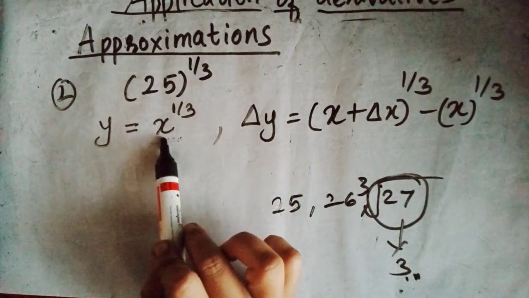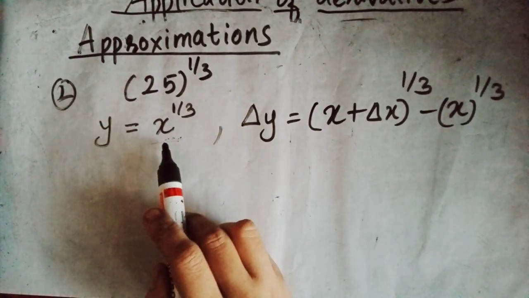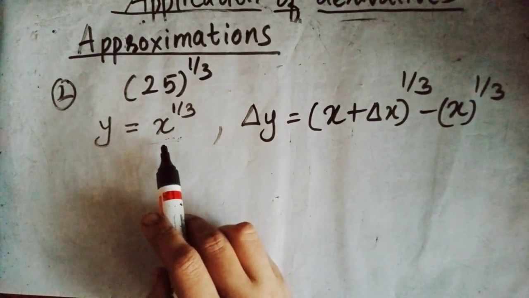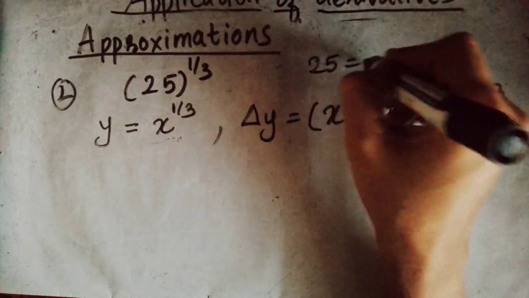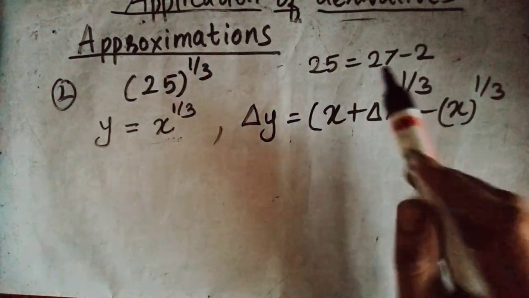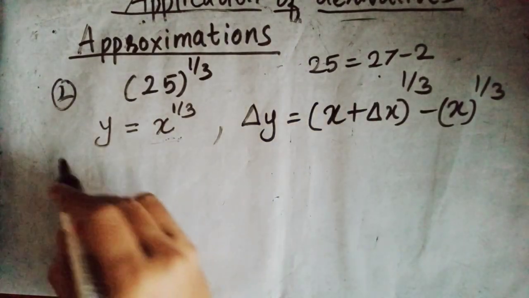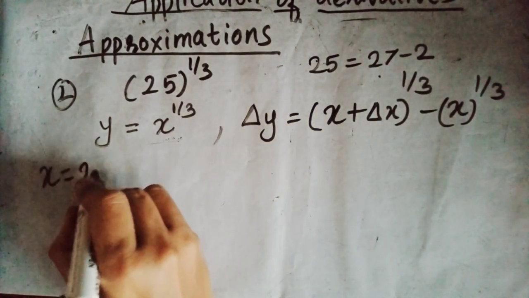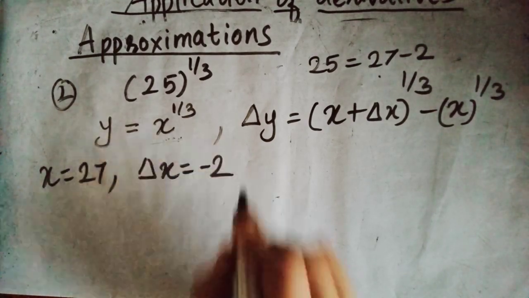So you split this: 25 you can write as 27 minus 2. So your x becomes 27 and your change, delta x, becomes minus 2.